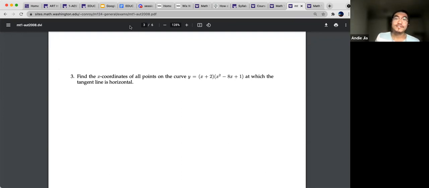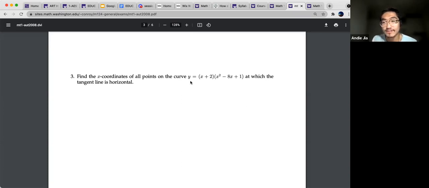For this question, we have the function x plus 2 times x squared minus 8x plus 1, with a tangent line that's horizontal. When you see a horizontal tangent line, it means the derivative is 0.